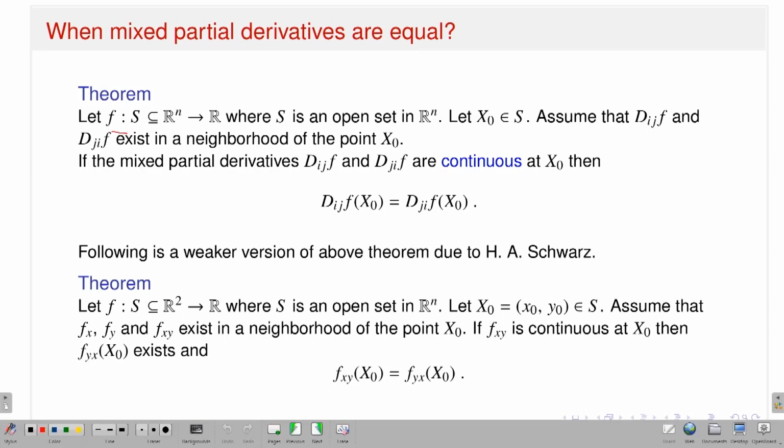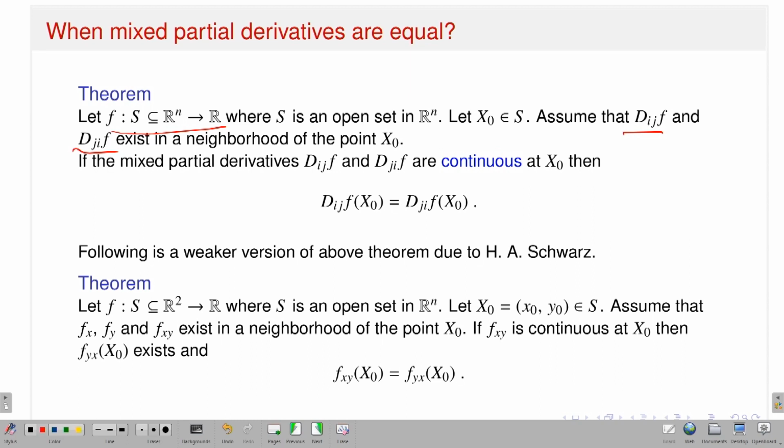If I have a function f from some open subset S of Rn to R, and take x naught a point in S, then suppose dij and dji, that means what are called mixed partial derivatives or second order derivatives, exist in a neighborhood of the point x naught.